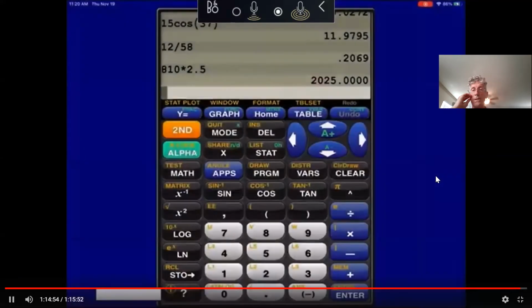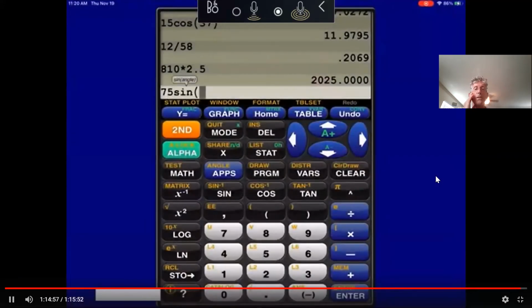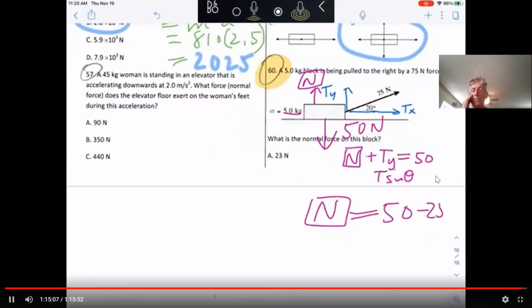I'm going to calculate T sine of theta, 75 sine of 20. You get 25.6, 26. Subtracting those, I get the normal force. So what's that come out to be? That comes out to be 24.3 newtons. 24.3.